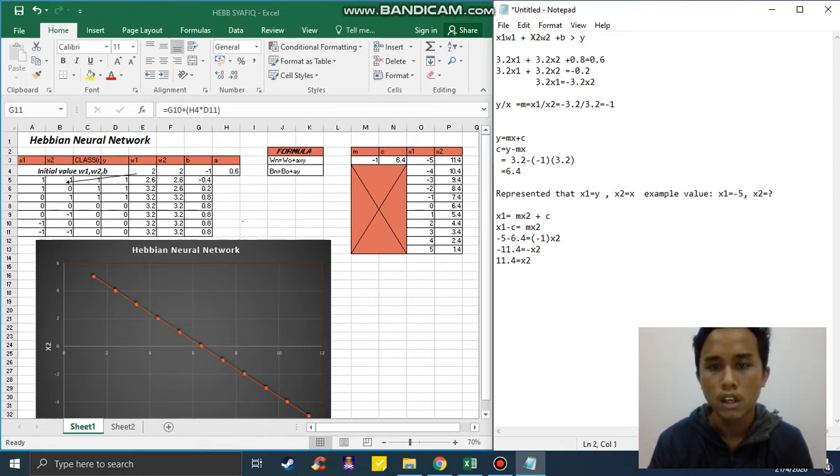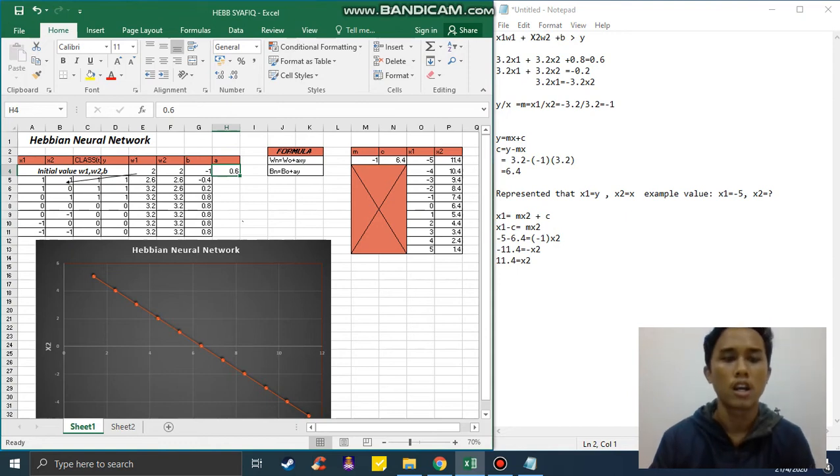So we get 3.2 x1 plus 3.2 x2 plus 0.8 equal to 0.6, where 0.6 is the value of our alpha.